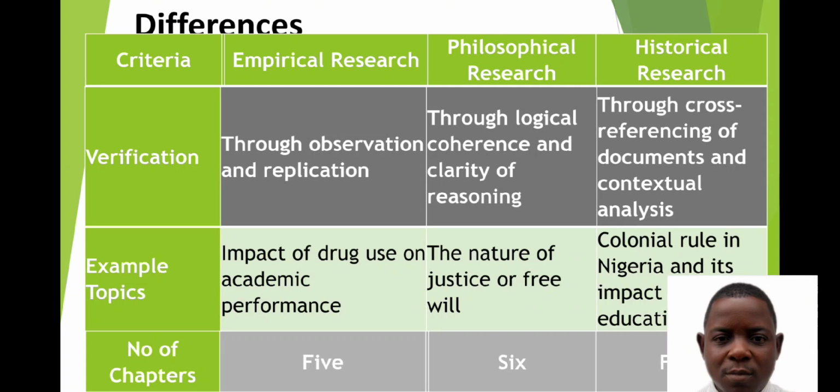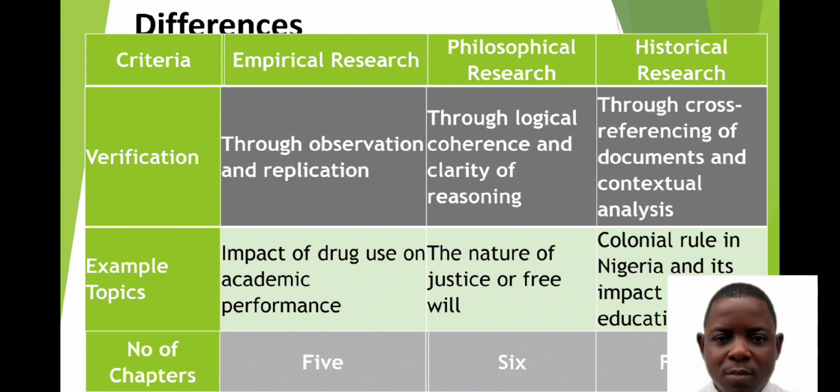Historical research is usually in 4 chapters, but you can do some historical research and it goes to even 7 chapters. But usually it's in 4 chapters. Empirical research is usually in 5 chapters. Some might go above it, depending on what you are trying to get at. So it depends.